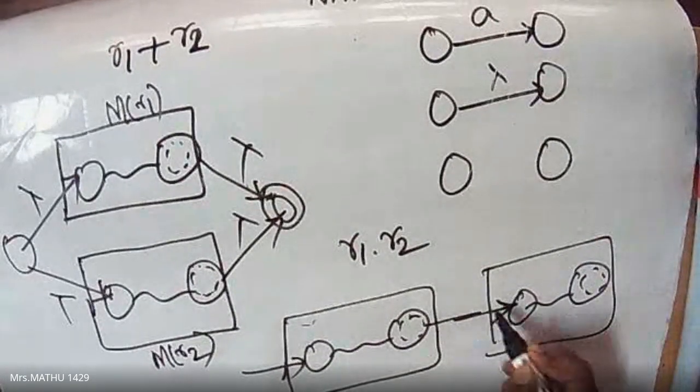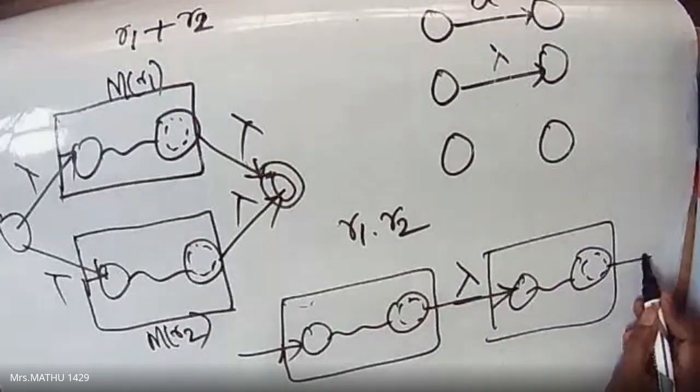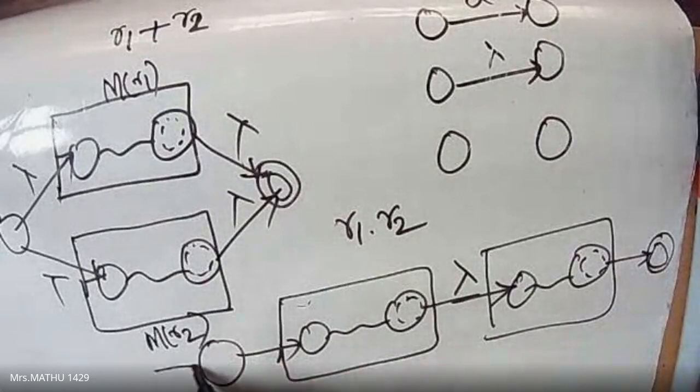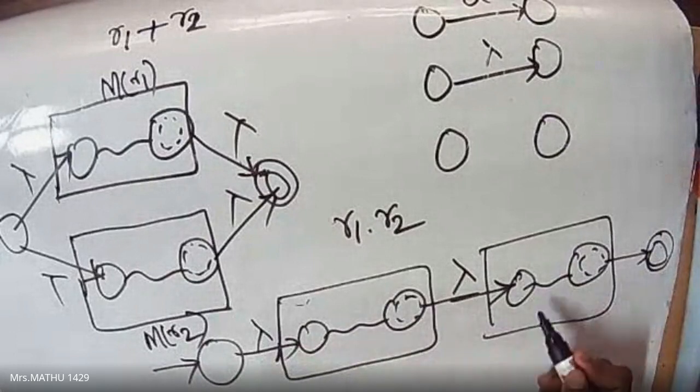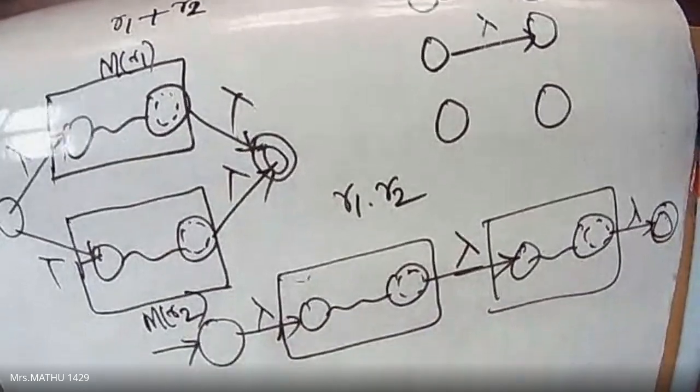We concatenate these two using a lambda transition, and then finally we have a final state and a common initial state. All these are connected with lambda edges. Up to this we discussed that day.